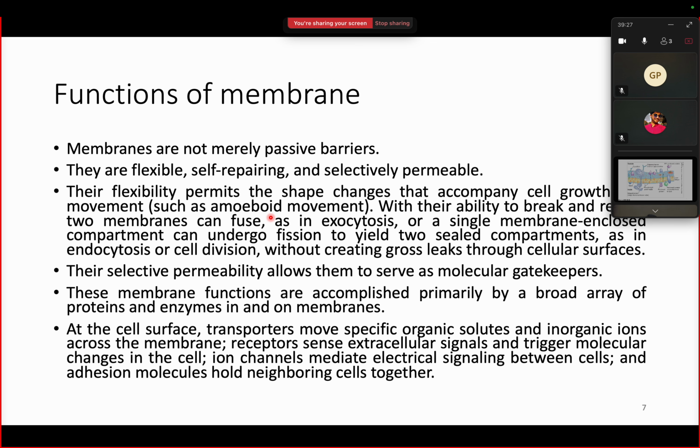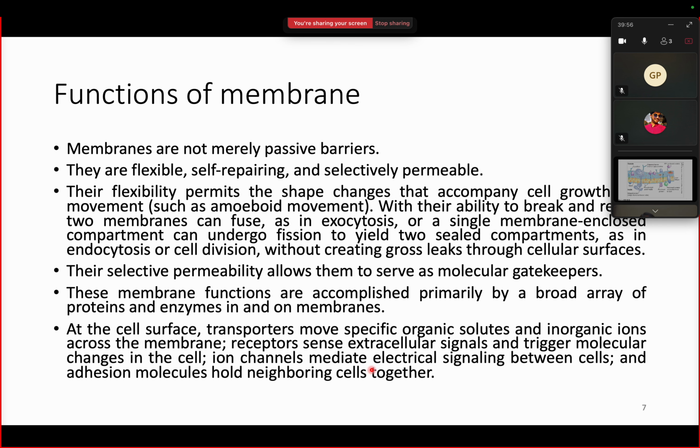These membrane functions are accomplished primarily by a broad array of proteins and enzymes in and on the membrane. We're going to discuss some different types of protein and their functionality. At the cell surface, transporters move specific organic solutes and inorganic ions across the membrane. Receptors sense extracellular signals and trigger molecular changes in the cell.